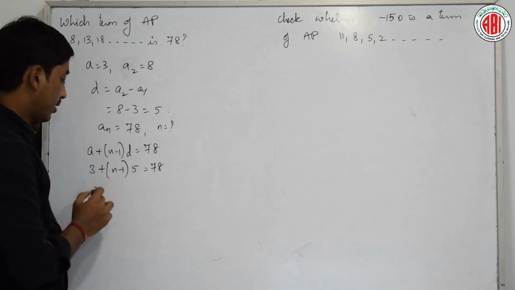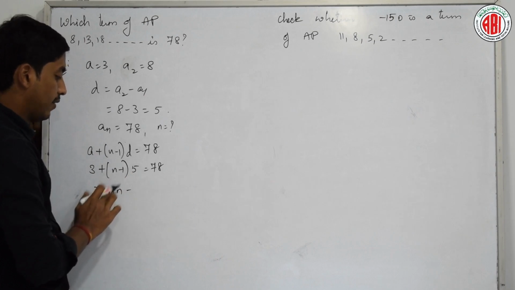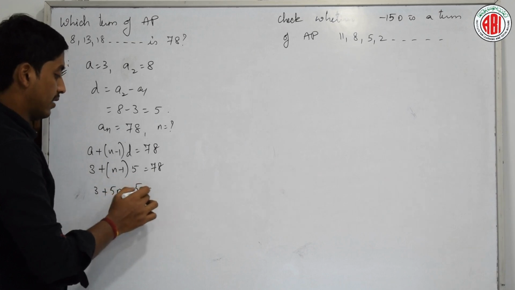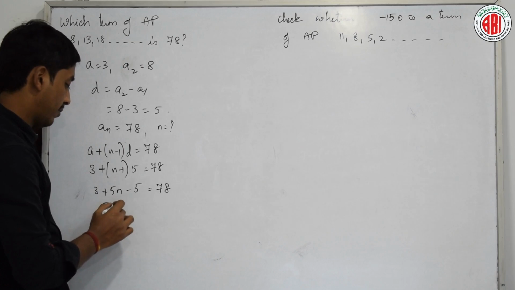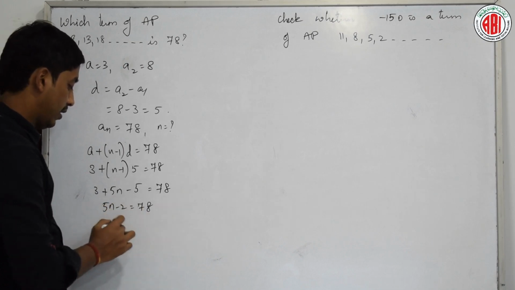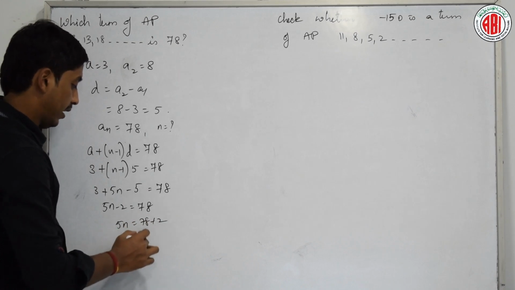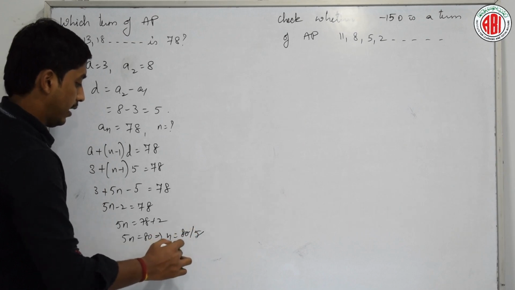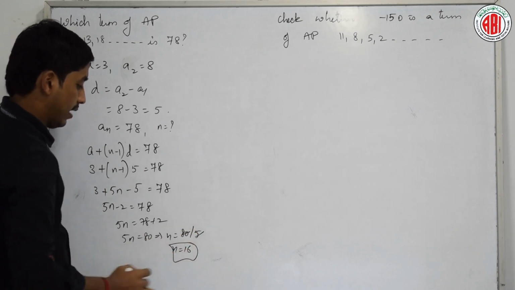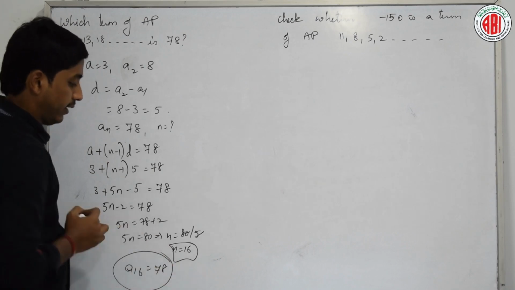Is it okay? 3 plus 5n minus 1 into 5 is 5, that is equal to 78. 3 minus 5 is minus 2. 5n minus 2 is equal to 78. 5n is equal to 78 plus 2, that is 5n is 80. n is 80 by 5. n is 16. Therefore, the 16th term is 78.